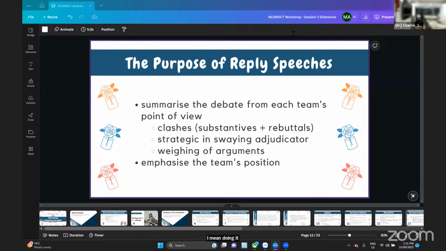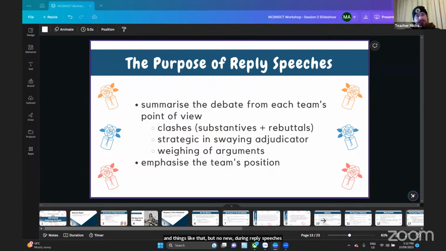You can mention any good rebuttals that you made during the debate, but you can't introduce any new rebuttals into the reply speeches. You can only talk about and mention anything that happened during the substantive debate, the substantive arguments and the rebuttals and the clashes and points of information and things like that, but no new rebuttals during reply speeches.